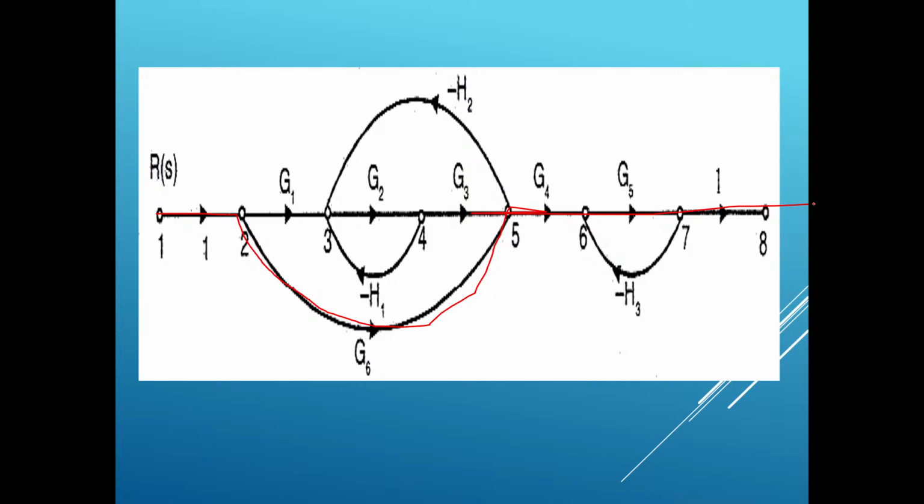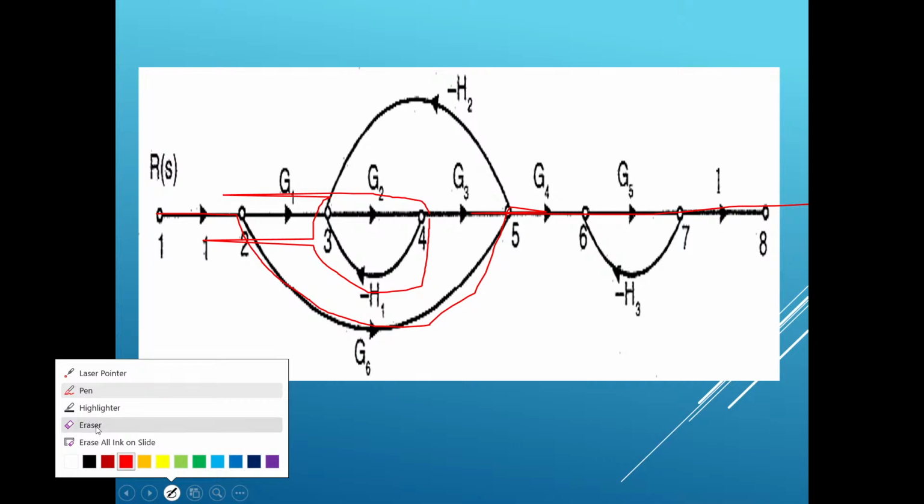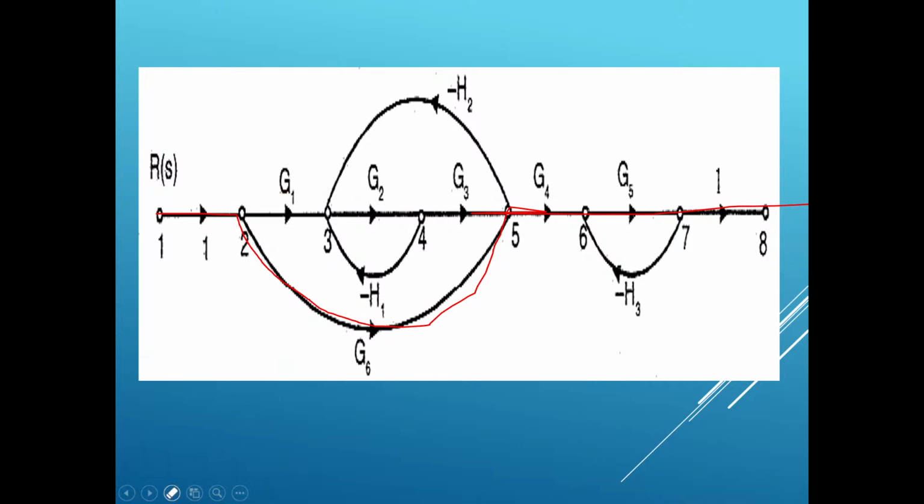If you carefully observe, node 2 and node 4 are not at all touching forward path 2. So this loop, loop 3, 4, is not at all touching forward path 2.